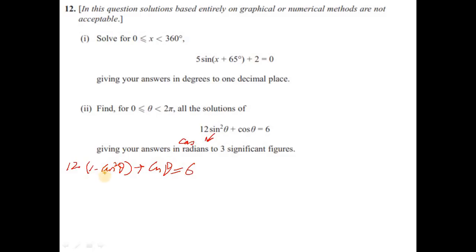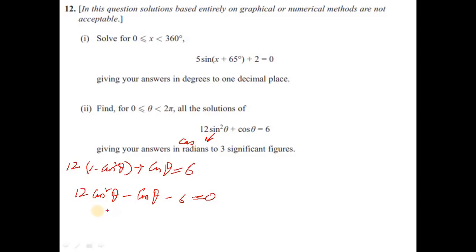If you rearrange this equation, you have 12 cos square theta minus cos theta minus 6 is equal to 0. Clearly this is the quadratic equation.